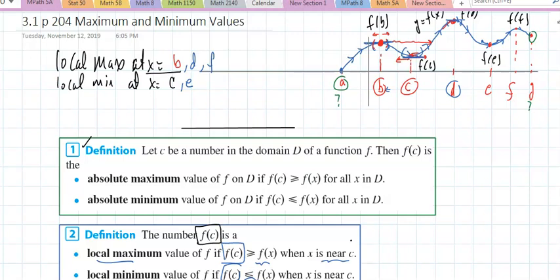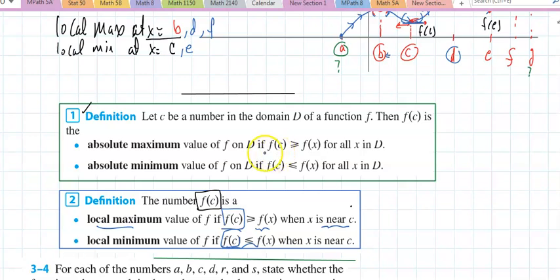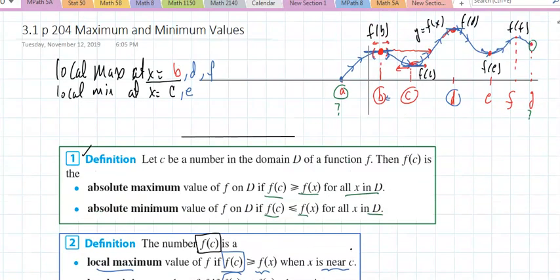As far as absolute maximum, it's kind of like the highest of them all. The y value is bigger than any other y all over the domain, and the absolute minimum y value is smaller than all of them. So local, I have to look at the left and the right, but absolute, I'm looking at all the y values. So if I'm looking at this graph and I say, what is the absolute minimum?